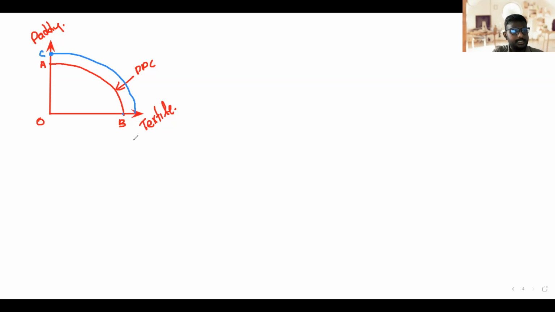Let's call this point C and D. So as a result of labor that can be used in both sectors seeing an increase, PPC curve AB will shift out and become PPC curve CD. Is that clear?